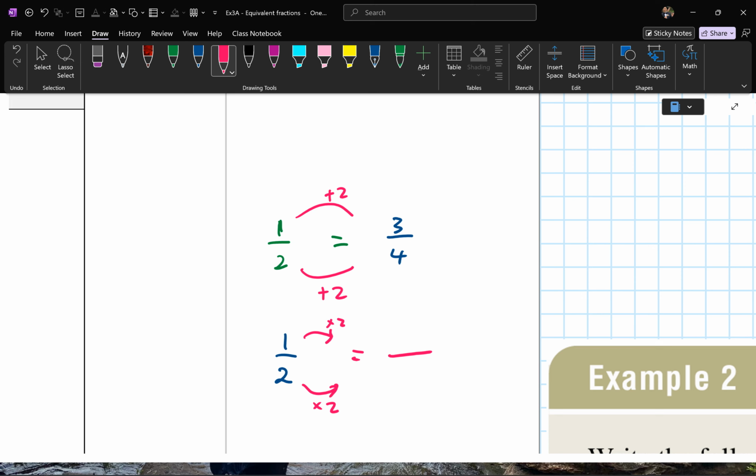Leon. It's because you try timesing both the top and bottom by the same amount. So the divisor is also the same on the other side. So it's equal. Like it's double the amount. But then why is it that when I add, I'm adding the same amount on the bottom and I'm adding the same amount on the top? Why doesn't that work?